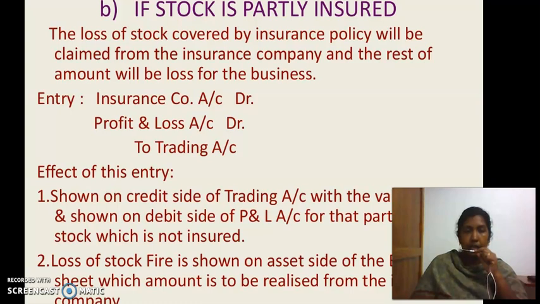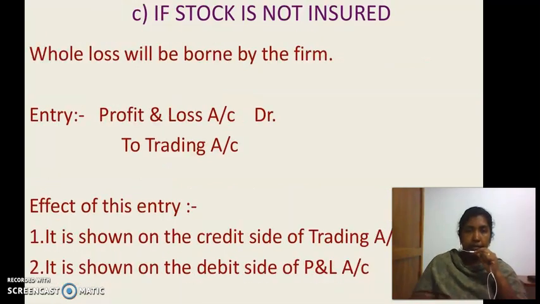First one is shown on the credit side of the trading account, with the value of stock shown on the debit side of the profit and loss account for the part of the stock which is not insured. Second one is the loss of stock by fire shown on the asset side of the balance sheet, which amount is to be realized from the insurance company.